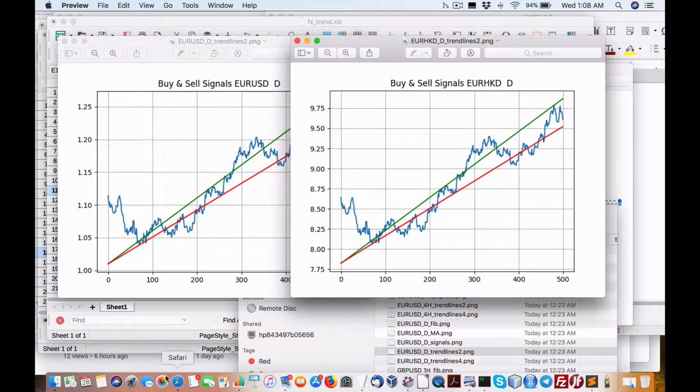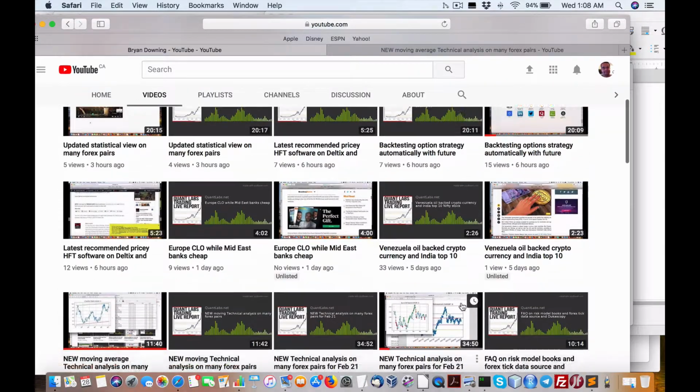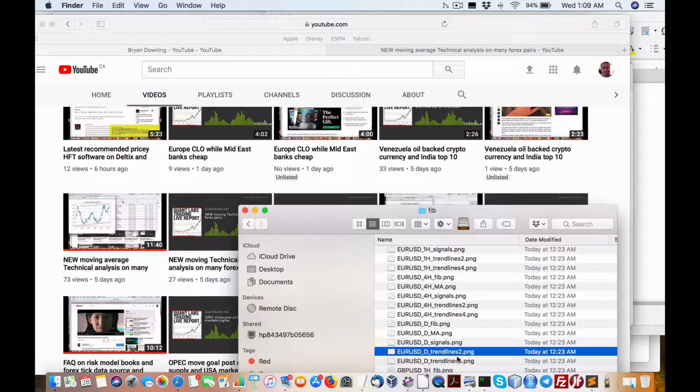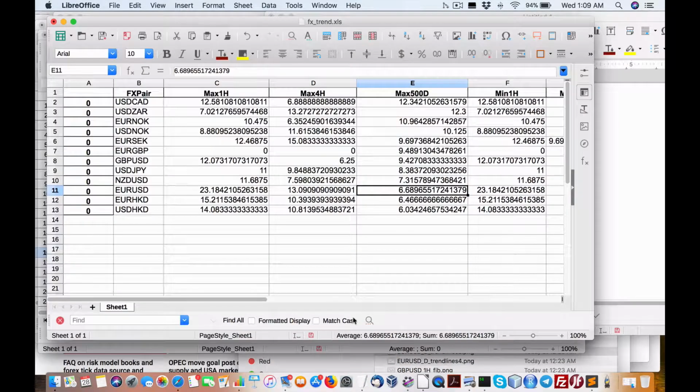So if I remember, on the trend, when I looked at the same data here, it does confirm they are the two strongest charts or currency pairs with the best or most steep slope. These are the top three. So it confirms that.